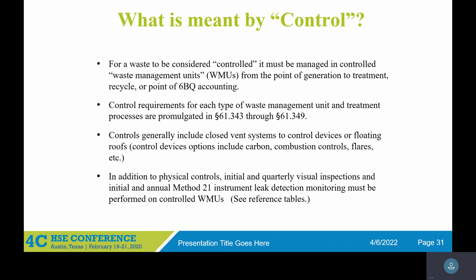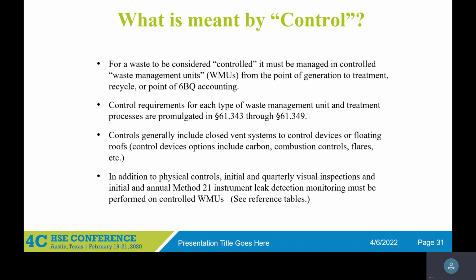So what is control? For a waste to be considered control, it must be managed in a controlled waste management unit. From the point of waste generation to treatment, recycle, or the point of 6BQ accounting, basically the point where it enters the first uncontrolled waste management unit, okay?